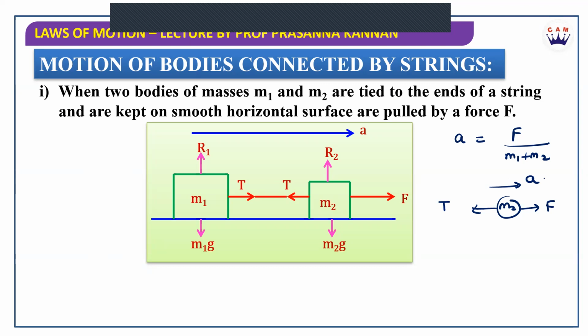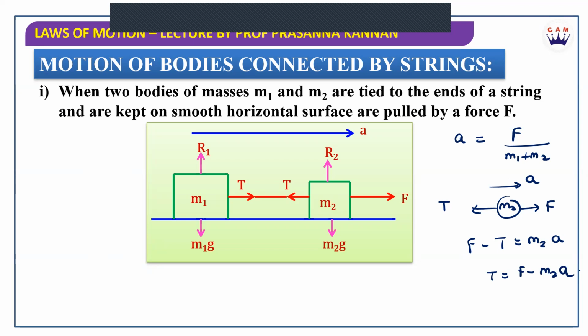So which force is greater, F or T? F is greater. So it's F minus T or T minus F? F minus T. What is F minus T equal to? M2 into A. Or T is equal to F minus M2A.